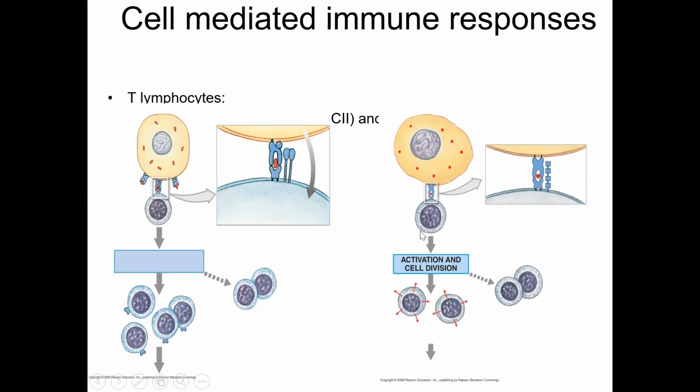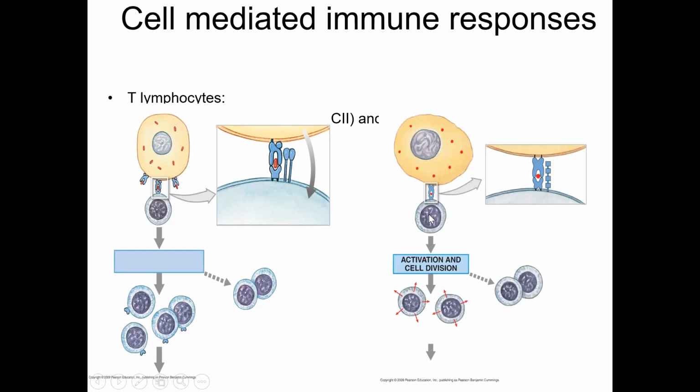T helper only recognizes MHC2. Again, you have a side arm to secure this binding, and also release a cytokine to make this process start. It's called co-stimulation.